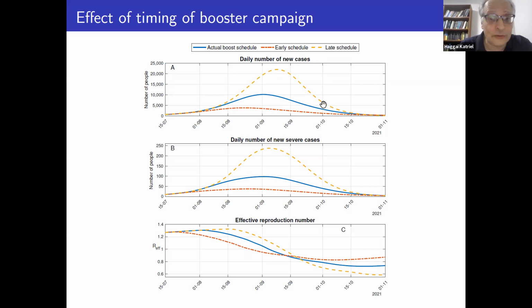It's not surprising that we would have had many more cases, because it's a competition between the booster campaign and the epidemic. The epidemic was going on, so it could have been much worse. If we could start 2 weeks earlier, then we would have gotten much better results, of course.